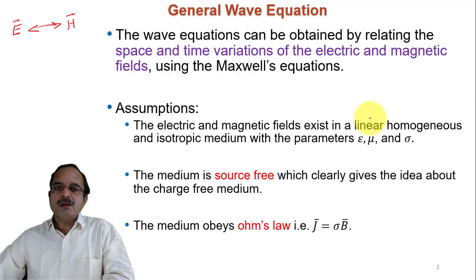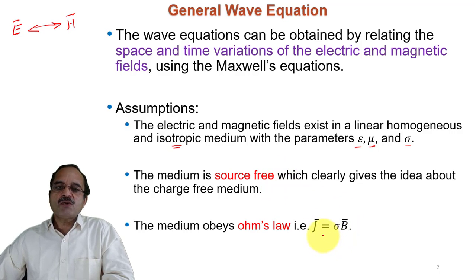So we assume the medium is linear, homogeneous and isotropic with reference to the parameters epsilon, mu and sigma, that is permittivity, permeability and conductivity. The other assumption is the medium is source free, so there are no sources in the medium. In other words, it is a charge free medium.